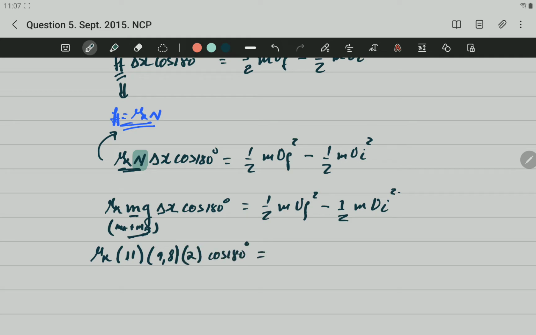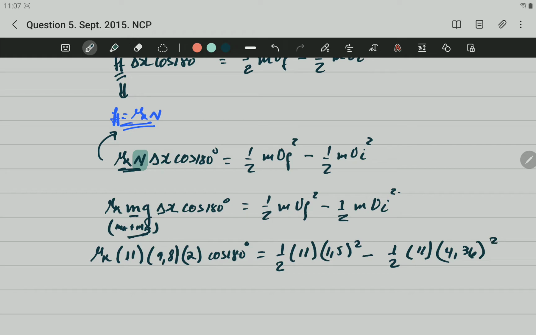I'm going to leave it. So if you want, you can write multiplied by minus 1 equal to half multiplied by 11. Remember, the mass is together. The final speed is at the bottom of the ramp, 1,5 to the power 2, minus half 11, which is the mass, multiplied by the initial speed, which is the one you just calculated in the previous question, 4,36, everything to the power 2.